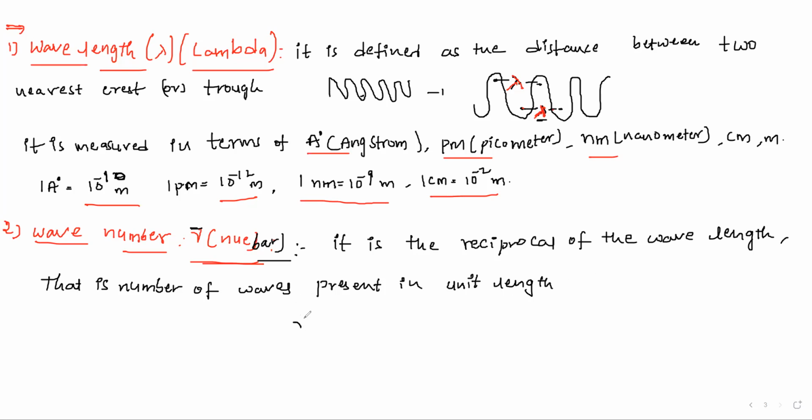So the wave number, nu bar, is equal to the reciprocal of wavelength, nothing but 1 by lambda. Is it clear?